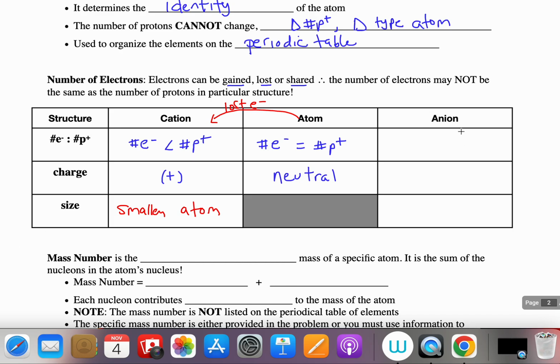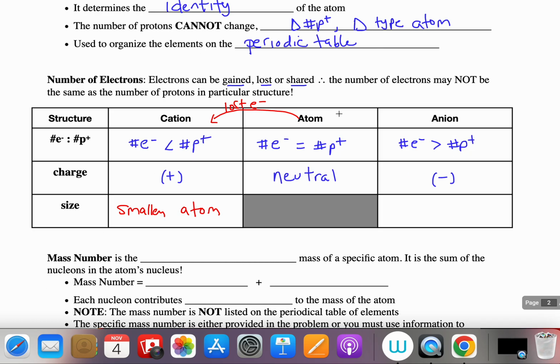On the other hand, we have the term anion. If the structure is described as an anion, then it carries a negative charge. The overall net charge is negative because the number of electrons is now greater than the number of protons. So we have more electrons, or more negative charges, present in the structure compared to the number of protons.